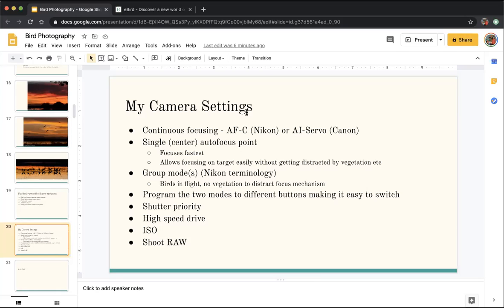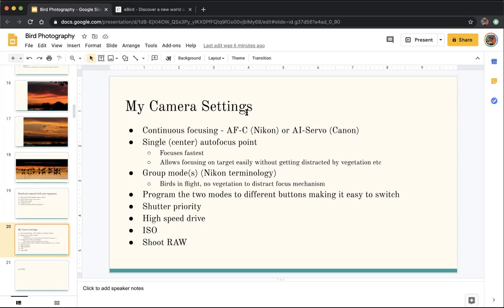So does the metering that Raghu was talking about earlier happen at the same time that you do the back button focus? The metering happens, I believe, at the time you click. So for instance, when I recompose the shot, the metering is likely to change.